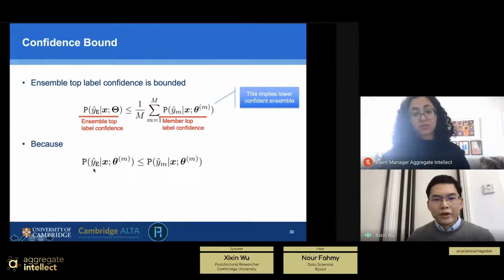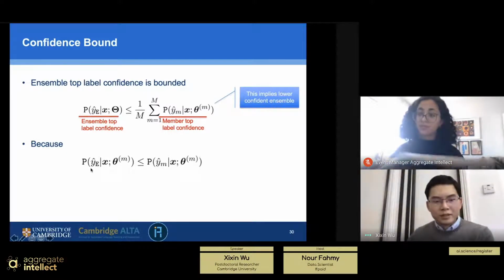The explanation for this equation is that a member has several classes, and it predicts the max probability for class J. For the ensemble prediction, it can be one of the classes, and if it is not J, then this probability is less than the prediction of the member, because the probability for class J is the max. If it is J, then the equality holds. So with this equation, we know that the ensemble top-label confidence is always bounded by the mean member top-label confidence.